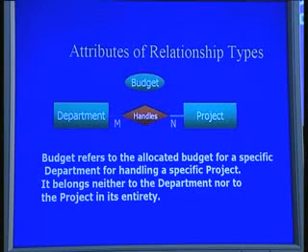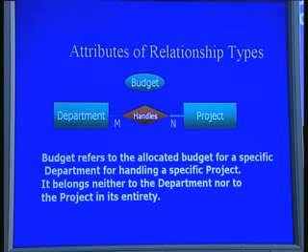We can also think about attributes for relationships and not for entities themselves. Just like we saw attributes could be associated with entities, we could also allocate attributes for relationships. Now have a look at this figure here. It shows department as an entity type and says that department handles certain projects.